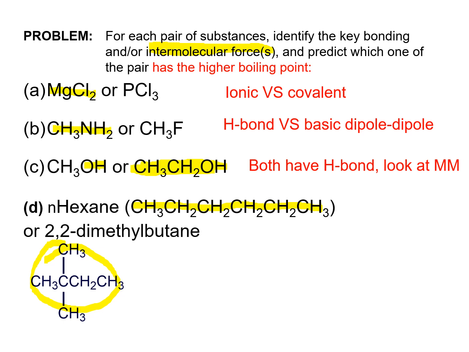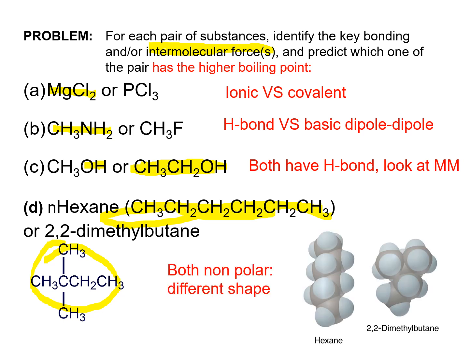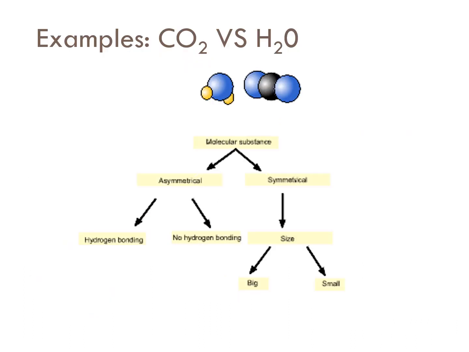So in this case, what matters is the shape. A globular shape will reduce the surface interaction because there is less surface area. So normal hexane is going to be the one with the higher melting point.